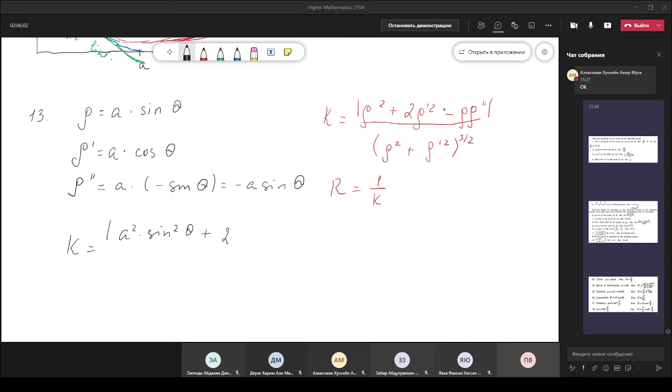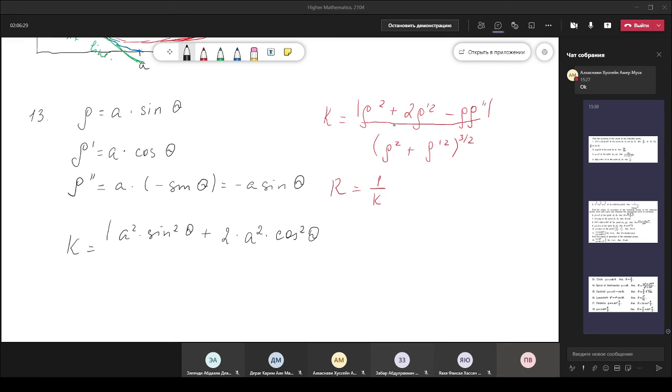2 rho prime squared. Rho prime is a times cosine of theta. If we have the second degree, we must write down a squared times cosine squared of theta.